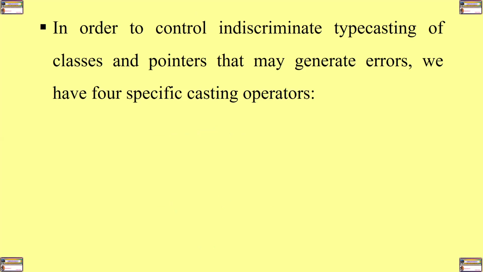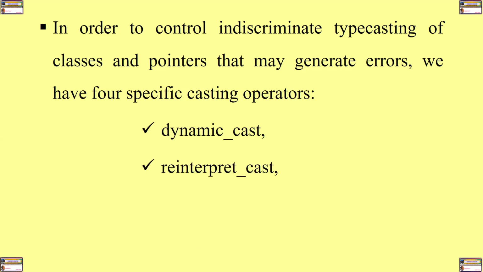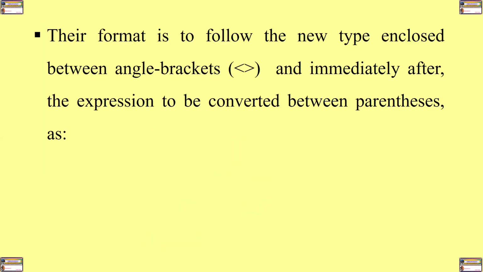In order to control indiscriminate typecasting of classes and pointers that may generate errors, we have four specific typecasting operators. These are dynamic_cast, reinterpret_cast, static_cast, and const_cast. Their format is to follow the new type enclosed between angle brackets and, immediately after, the expression to be converted between parentheses.